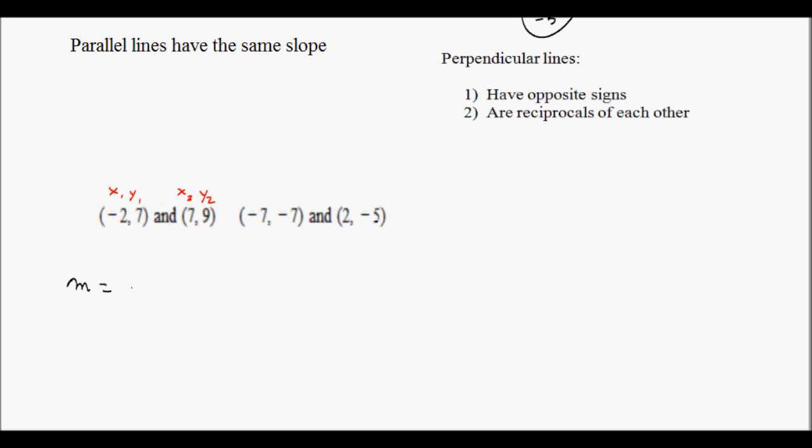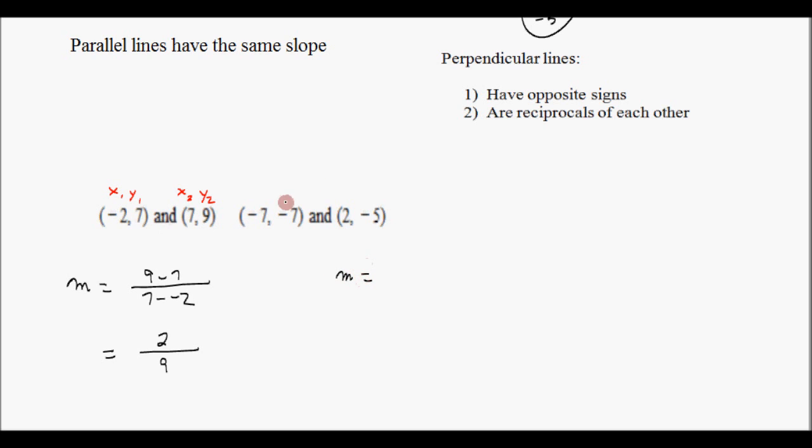If we do it like that, then the slope is 9 minus 7 over 7 minus a negative 2. 9 minus 7 is going to be 2. This is the same as 7 plus 2, so it's 9. So it's 2/9. That's the slope of the line that goes through these 2 points.